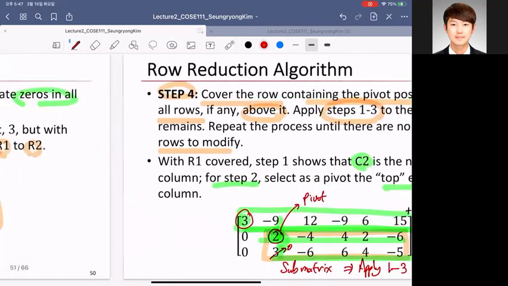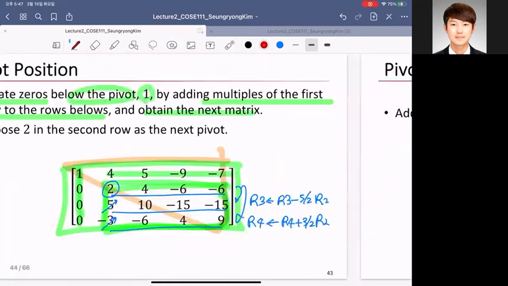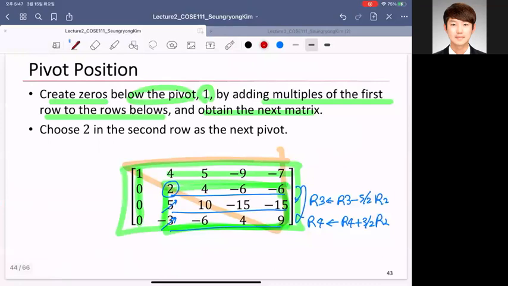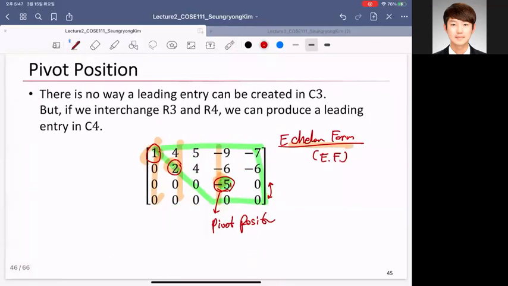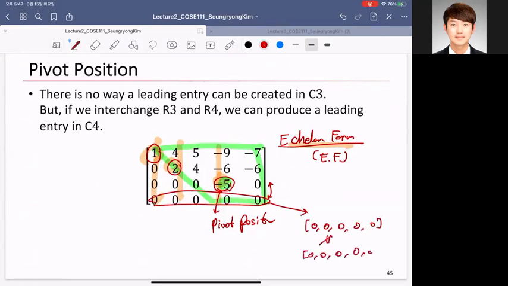It was the previous example, from last week. Here, this one was the last row. Right? In REF form, or EF form, the last row is 0, 0, 0, 0, 0. It was not 0, 0, 0, 0, 0, b with b not equal to 0.